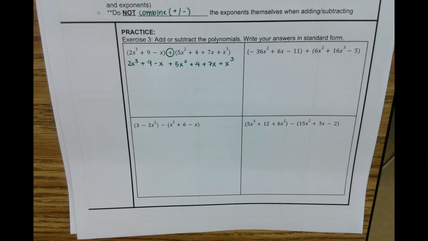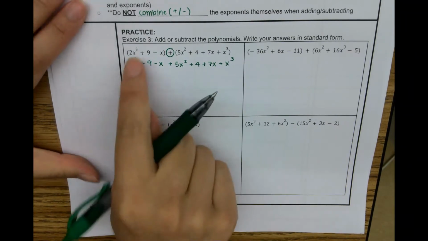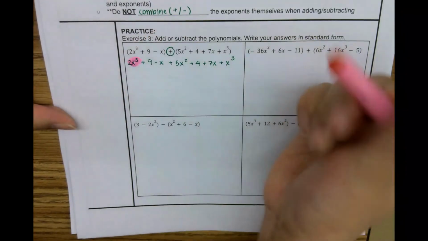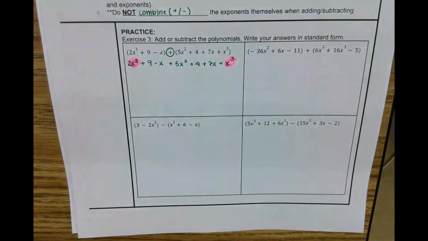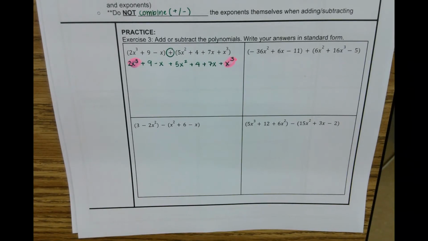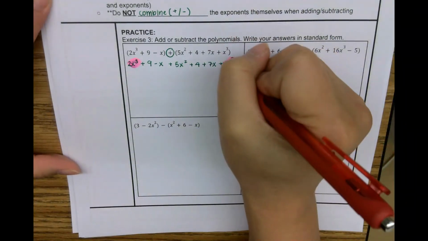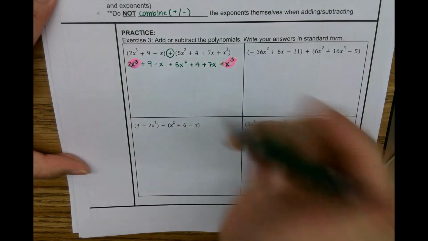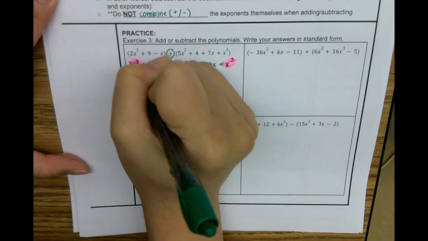So I'm going to start with my highest power. That's x cubed. So I'm going to match 2x cubed with x cubed. Here there's a coefficient of 1, so if there's no coefficient, it's 1. So 2x cubed plus 1x cubed gives me 3x cubed.